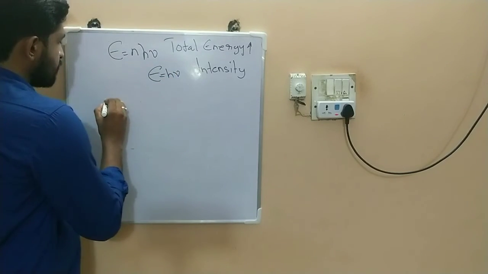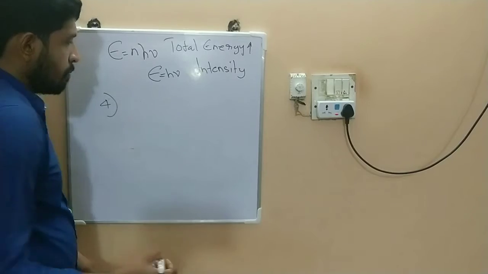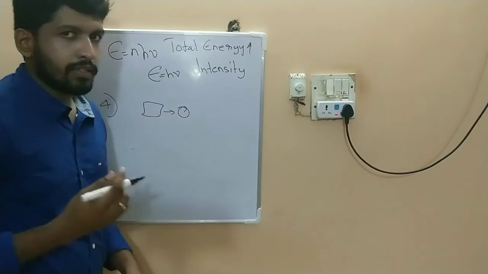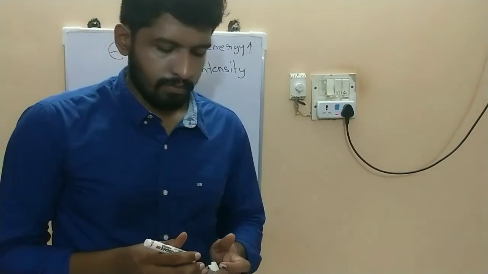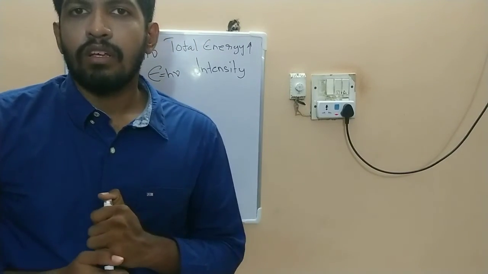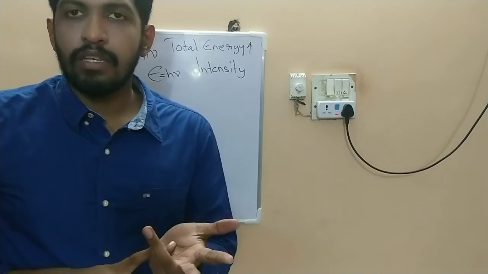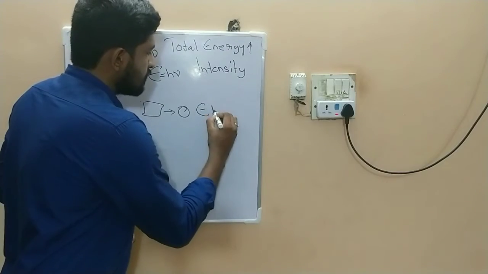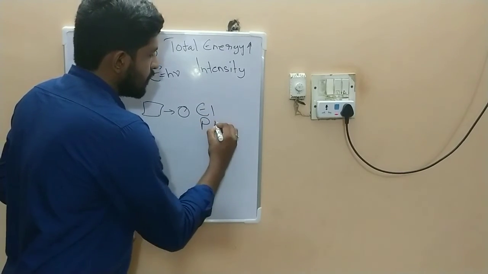A collision between a photon and an electron is always elastic in nature. What does elastic in nature mean? It says that the total energy and the momentum are conserved. That is, the energy is conserved and the momentum is conserved.